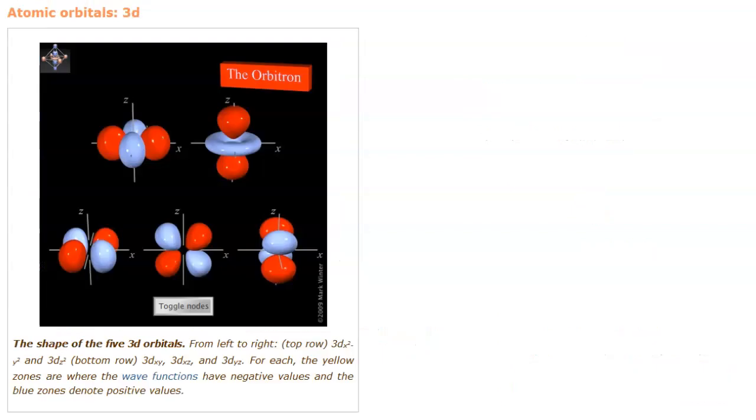All right, and look at your D's, because there's L equals 2 here, 2 preferred axes. And when you do your m sub L number, you're going to get -2, -1, 0, +1, +2, 5 different orbitals, holding a maximum of 10 electrons in the d.